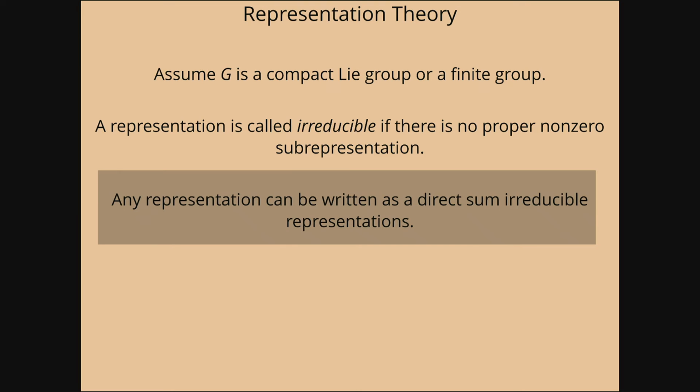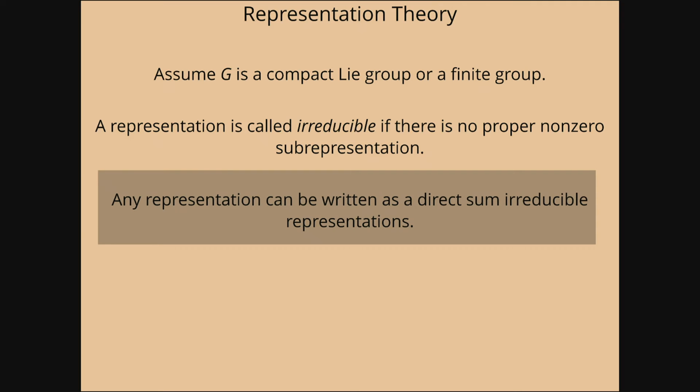And as for groups, and as for prime numbers in the natural numbers, these serve as building blocks for any representation of a compact Lie group or finite group.